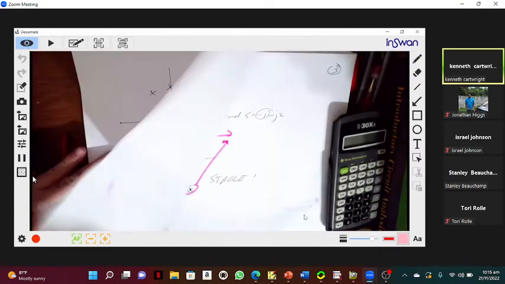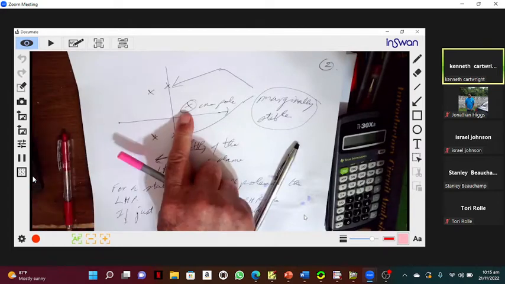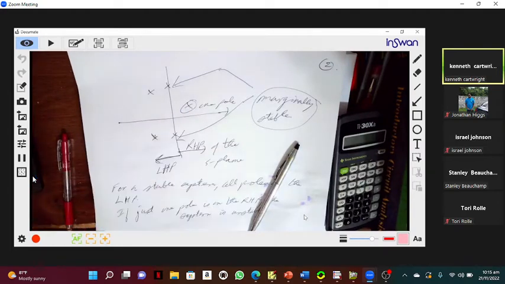If there's only one pole on the right-hand plane, it is unstable. Let me repeat, all the poles have to be on the left-hand plane to be stable. So if it's not stable, it must be unstable or marginally stable.